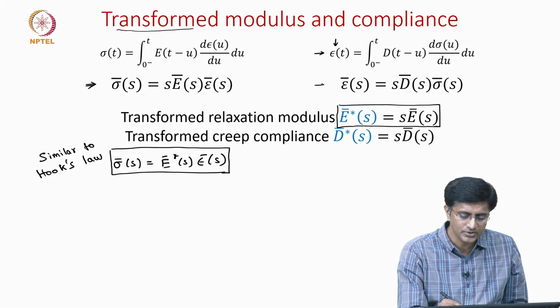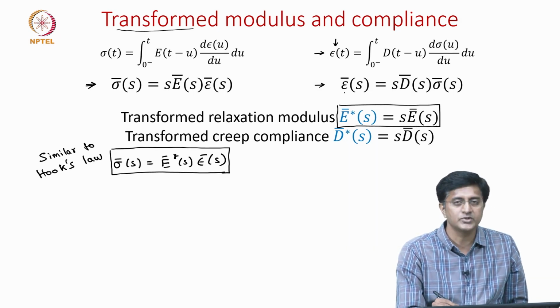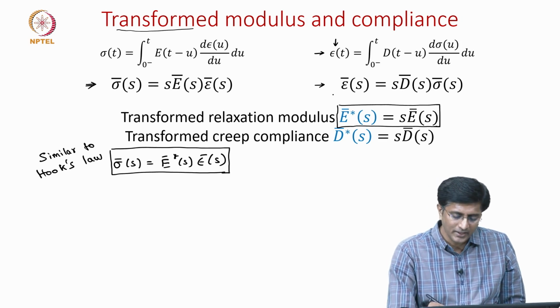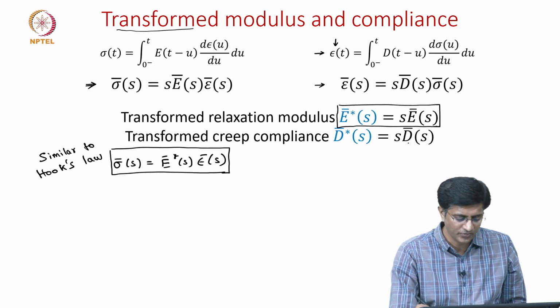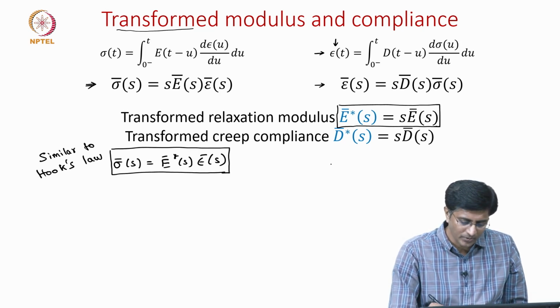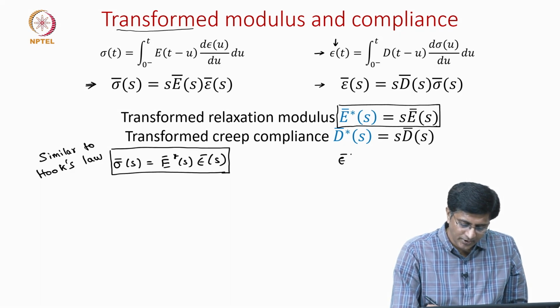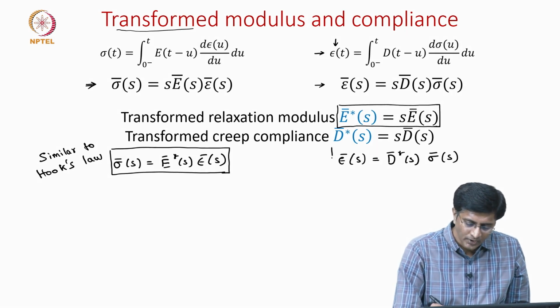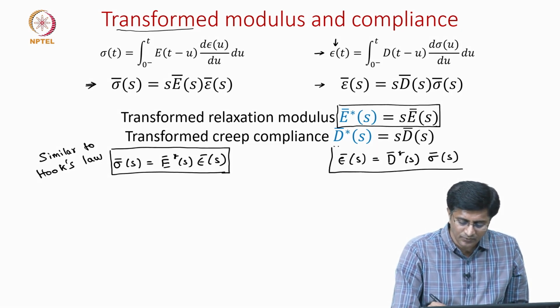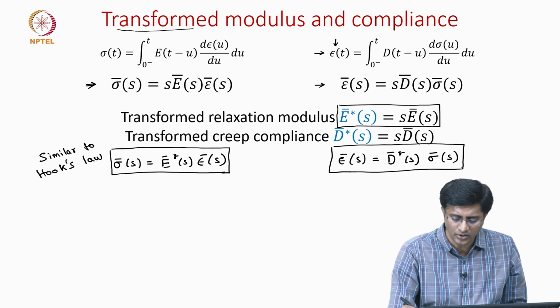Once we take the Laplace transform on both sides, we get the strain response in the Laplace domain, and again if I now introduce a new term called D star of s, which is defined as s times D of s, I should be able to write the strain response as simply D star of s times sigma of s. This again is another relation which is similar to Hooke's law.